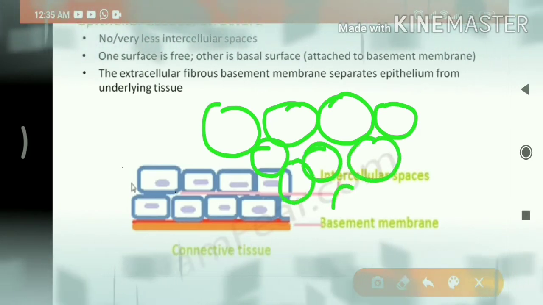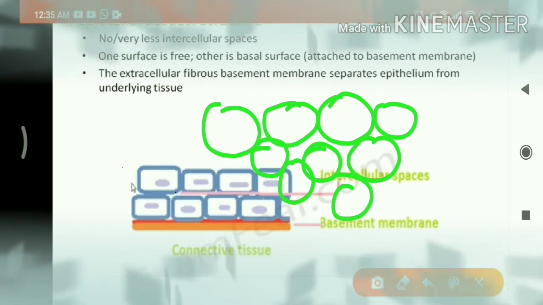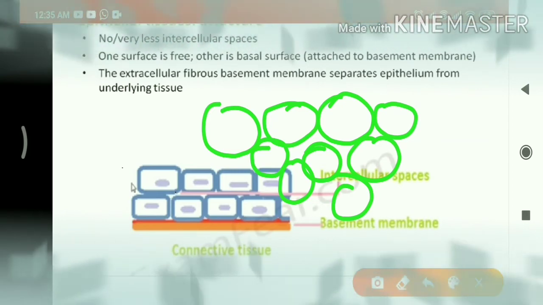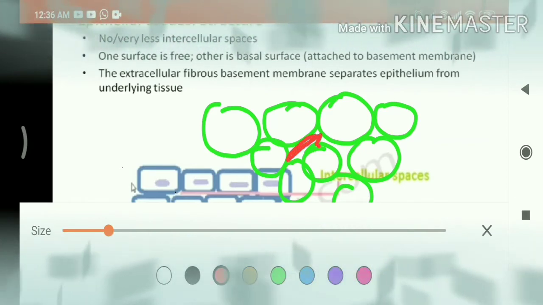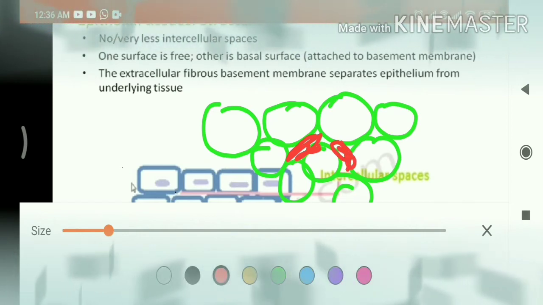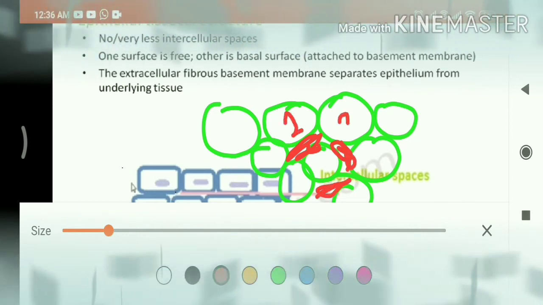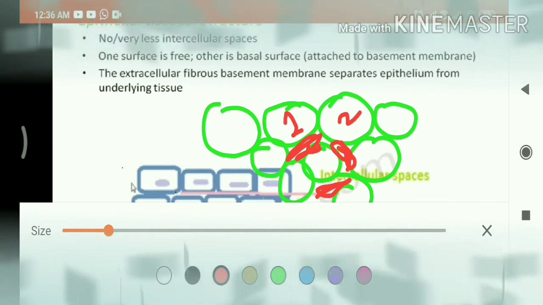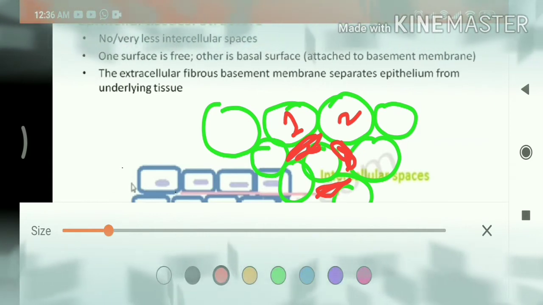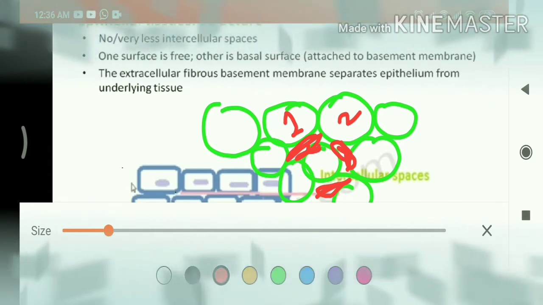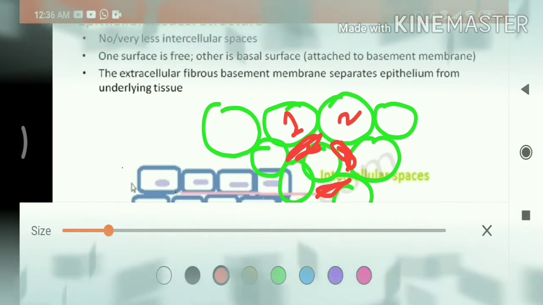So you have to concentrate on this. One by one we will study. No or very little intracellular space. What is the meaning of this intracellular space? If this type of cell, or columnar cell, square cell, are arranged, obviously we are talking about the tissue.